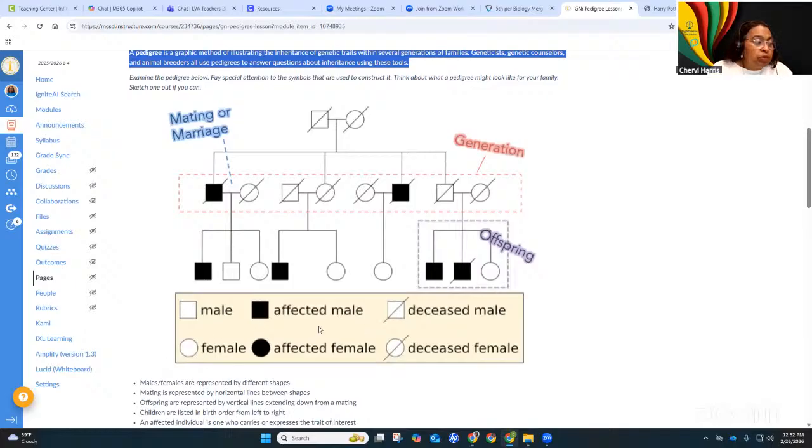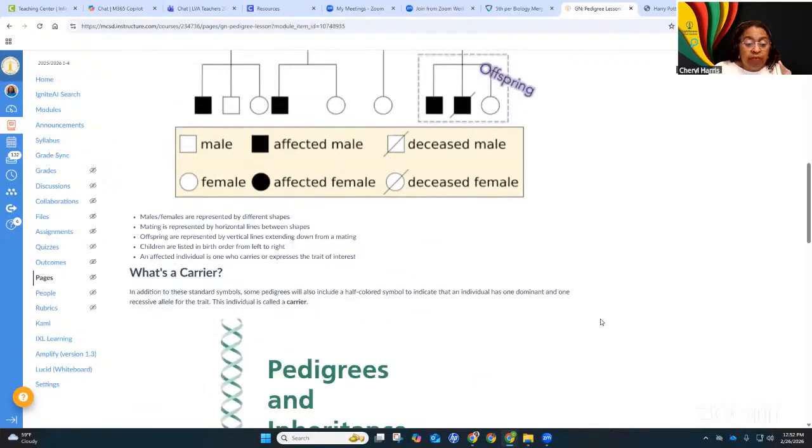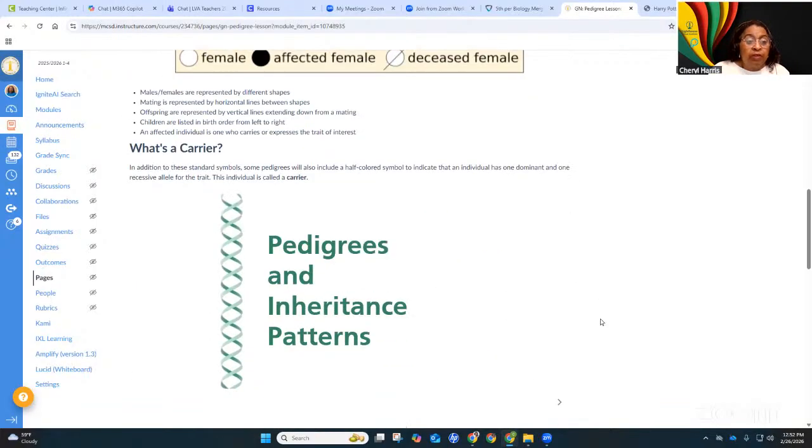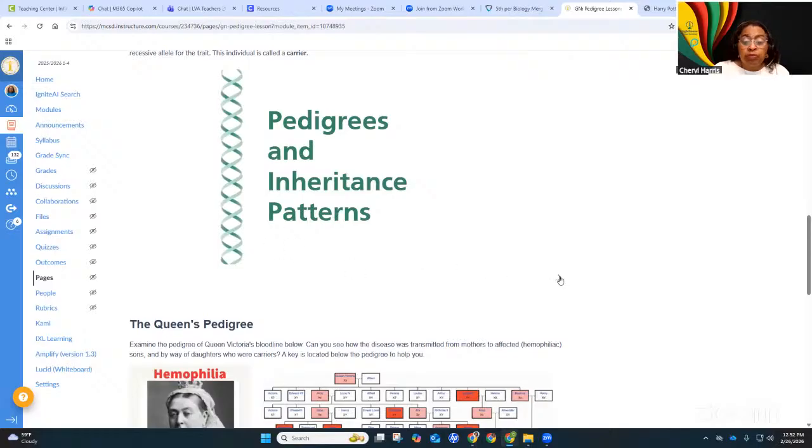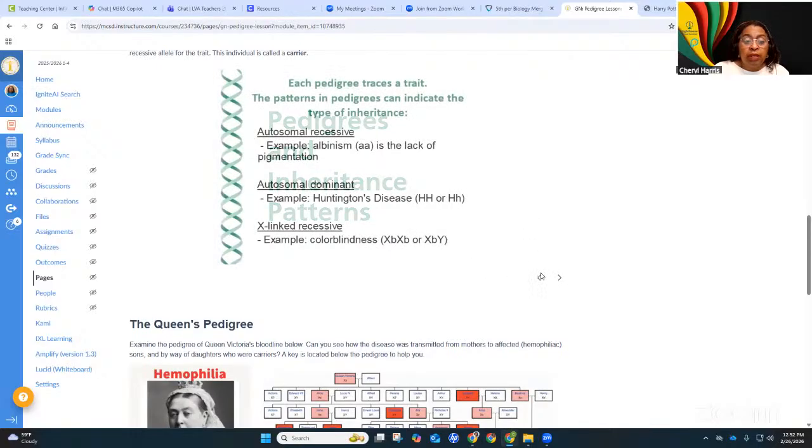If you're tracking a particular trait, we shade that box in if the individual has that trait. And when we do pedigrees, we're always looking to track a particular trait. They have a line through the ones that are deceased. And as she said in the video, sometimes they shade it half if they are carriers. Like this one, we're just going to talk about a carrier.